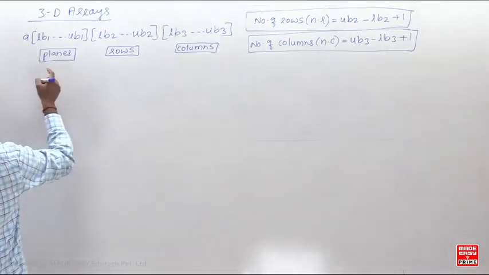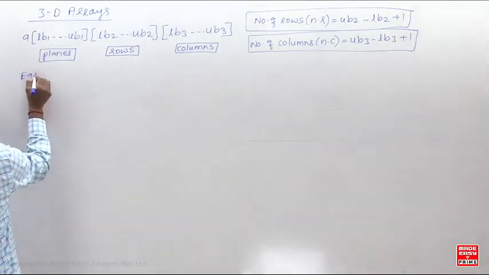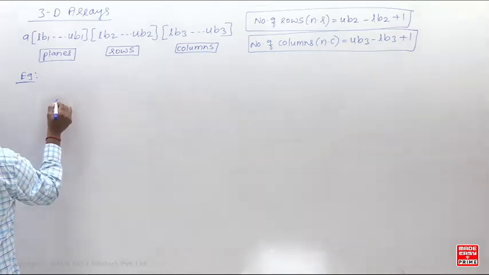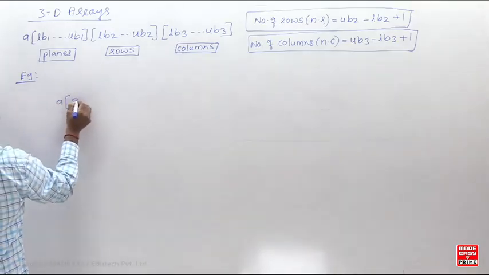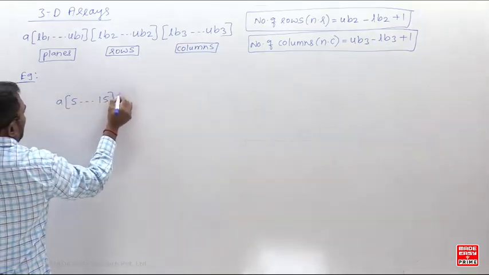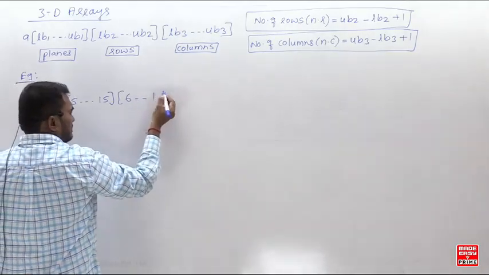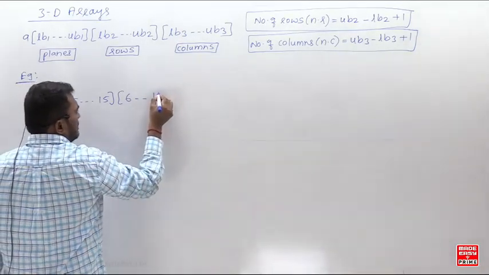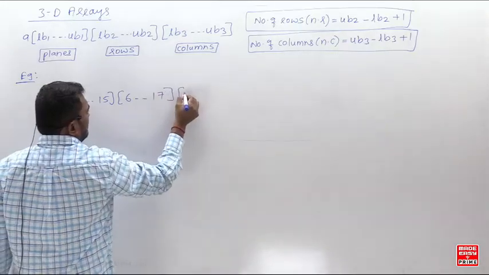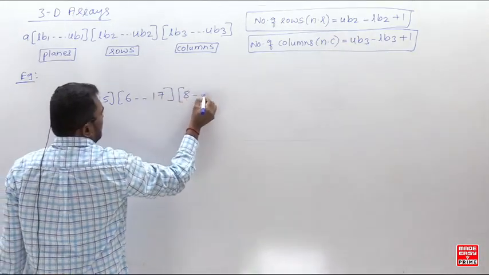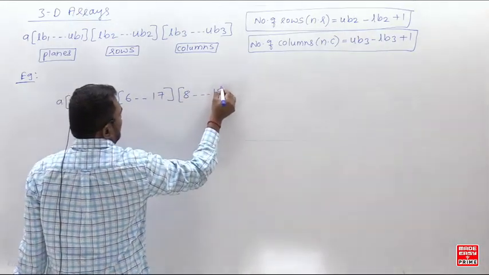Okay, so now let's take an example. With the example you will understand. Let us say you have A of 5 to 15, and next 6 to, maybe any value, let's say 6 to 17, and next 8 to 19.